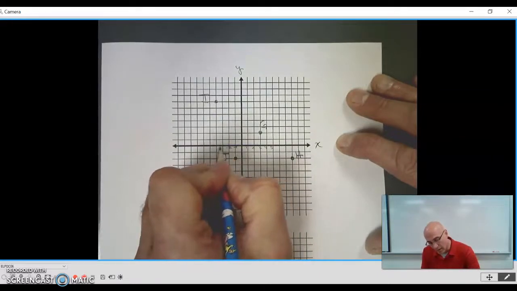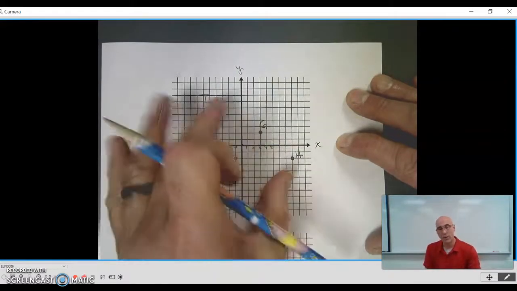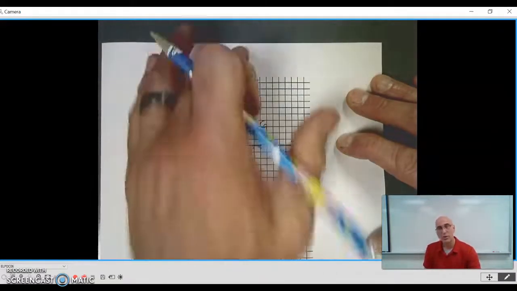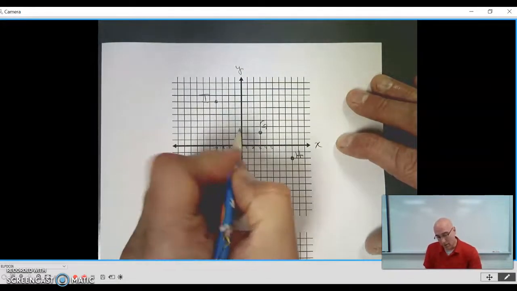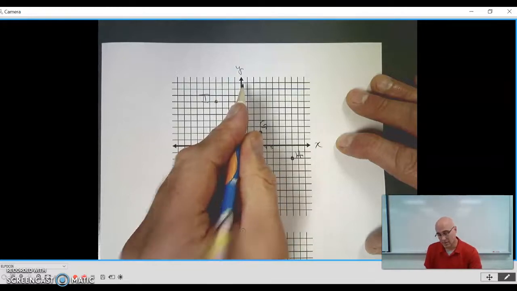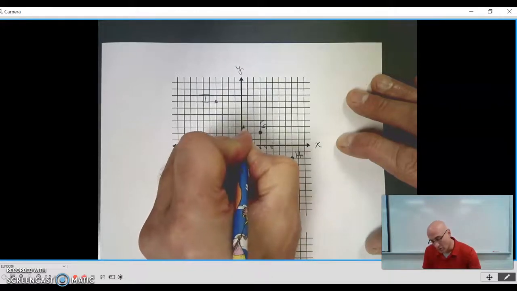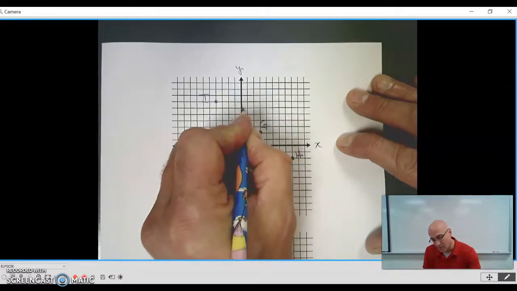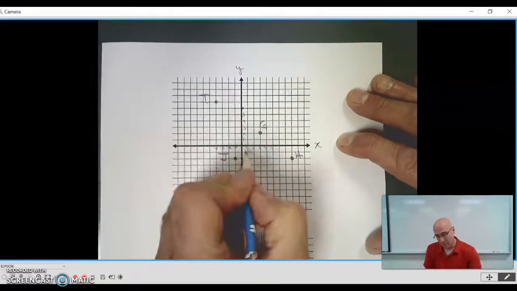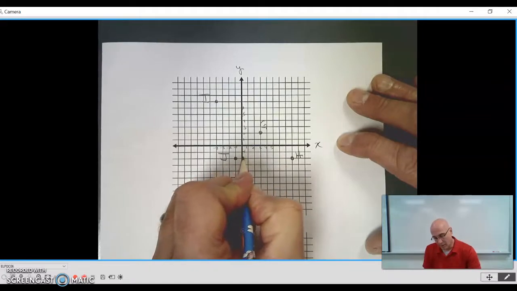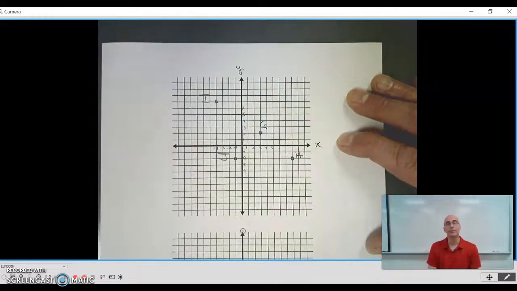Negative 1, negative 2, negative 3, negative 4, and so on. With the y-axis, we do the same thing. In our last page that I had up here, the numbers went up. They increased as you went up on the axis. So this is 1, 2, 3, 4, 5, 6. When we go below the x-axis, they become negative. Negative 1, negative 2, negative 3, negative 4, and so on.